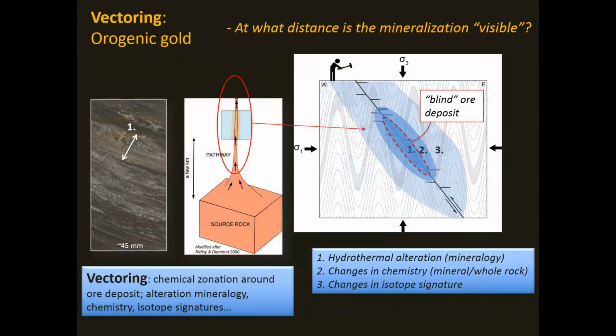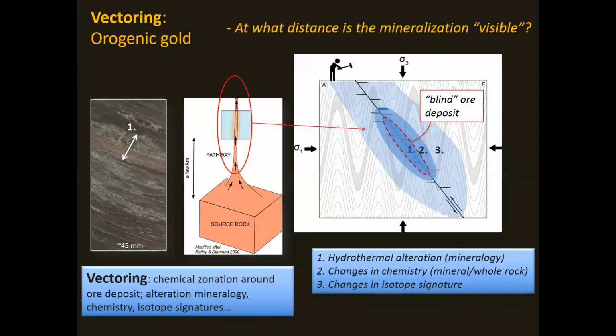Another thing that we can do with isotope work is look at something called vectoring, which is actually a way of trying to see the mineralization from far away. So the number one here is a schematic image of a so-called blind ore deposit.